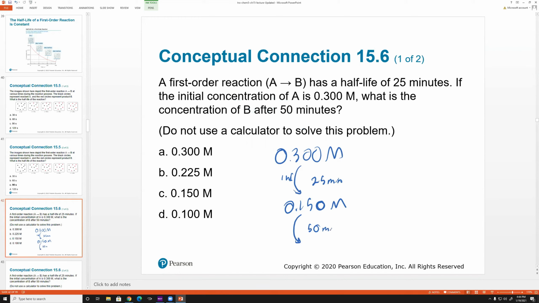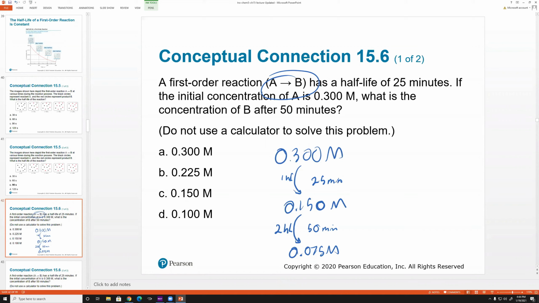So after 50 minutes, 2 HL, we have 0.075 molar. Okay, so if this is a simple first order A to B, every mole of A makes 1 mole of B. So it's very straightforward.